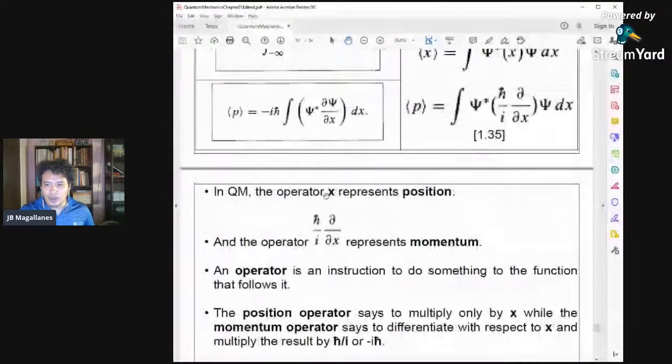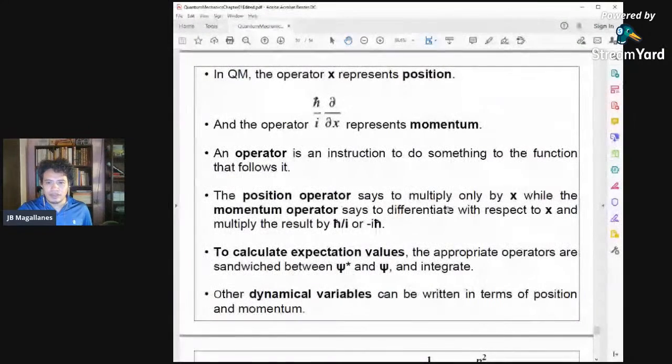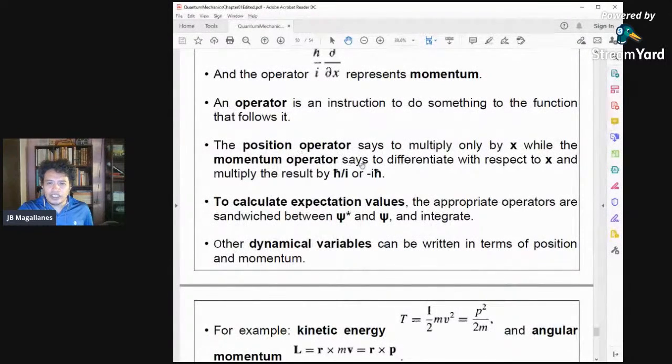So for example, if you have x squared, then you take the partial derivative of x squared with respect to x. That's different from just multiplying. It's getting the derivative as an operator. The position operator says to multiply, but the momentum operator says to differentiate with respect to x and multiply the result by h bar over i.